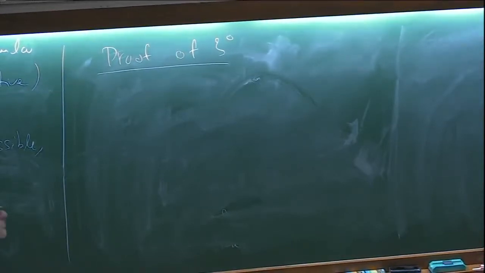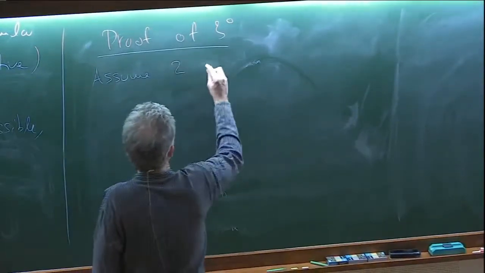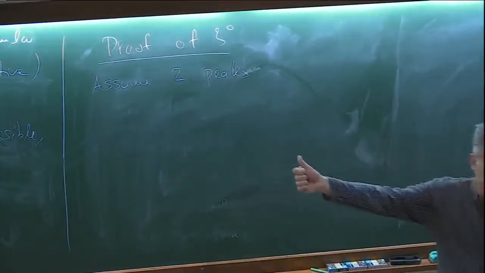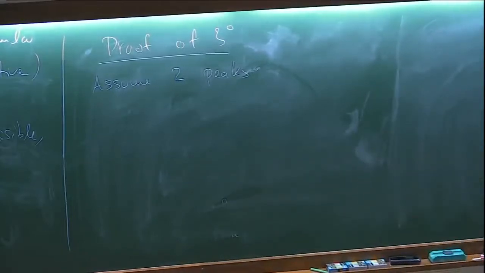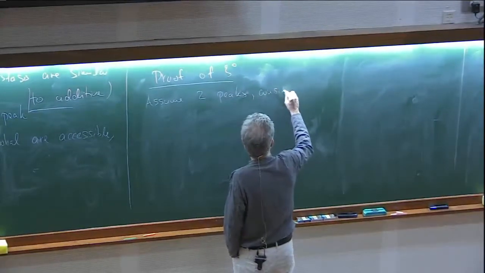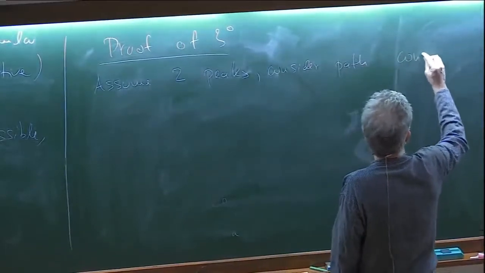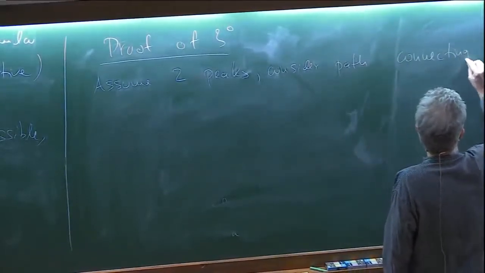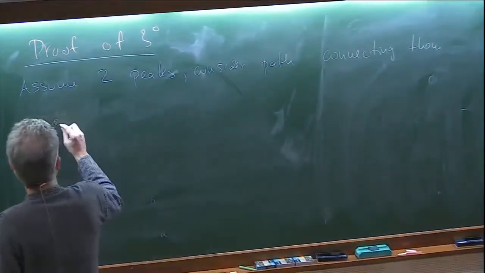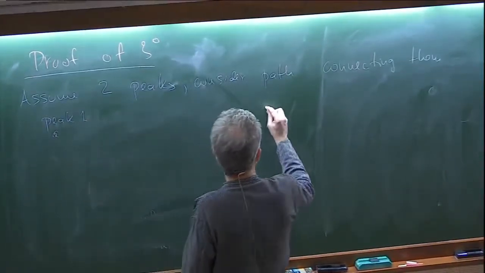So let's suppose we have 2 peaks. Okay, assume 2 peaks. These can be at some distance, and there will be a number of paths connecting them. Okay, so let's say this is peak 1. And here is peak 2.